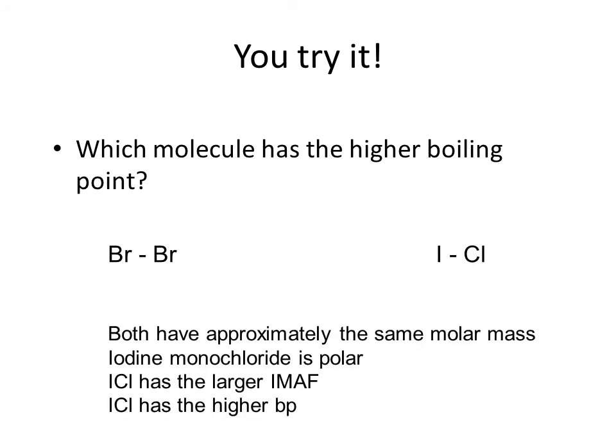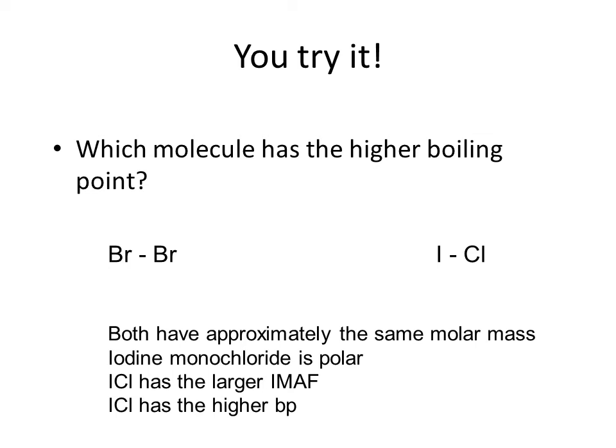To determine which one of these molecules will have the higher boiling point, we look at their structures and we think about what intermolecular attractive forces each would have. The only intermolecular attractive force this molecule will have will just be dispersion forces.